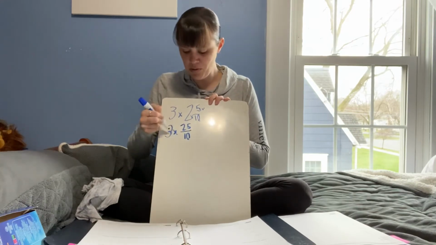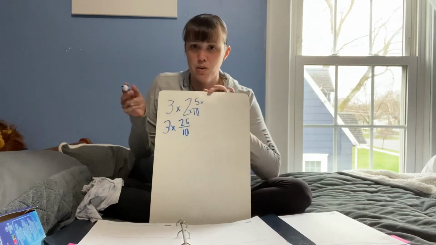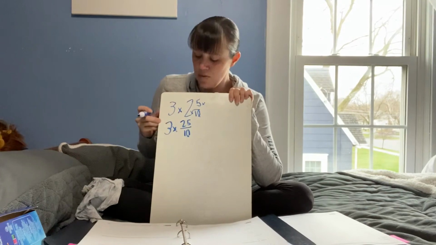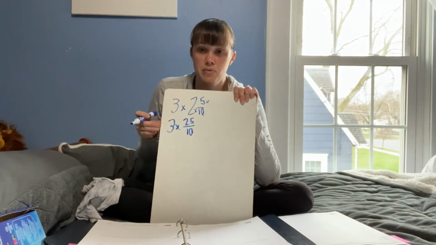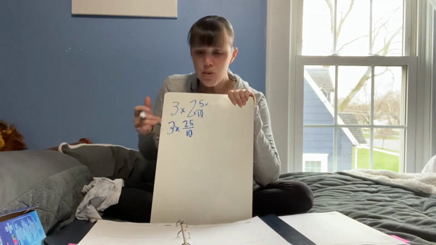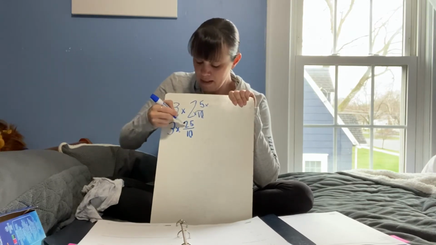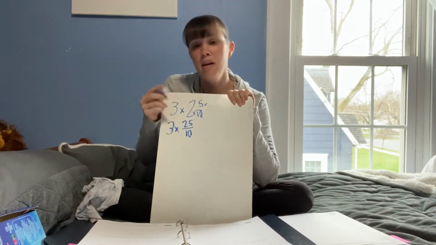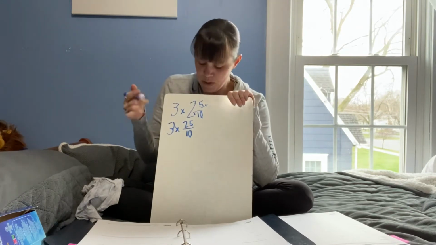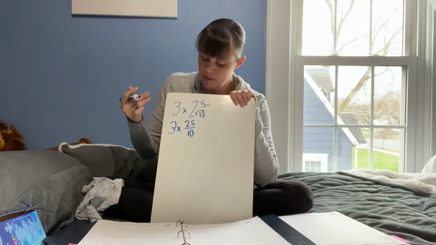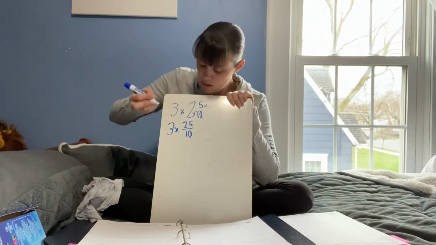So now you have to do 3 times 25. I know that 3 times 25, so I'm thinking quarters, is 75. So that one's not too hard. But if this number were like 9 and this were like 24, it's harder to do that, and you have to do a little bit more work. But if that's the way you want to do it, that's the way you want to do it.